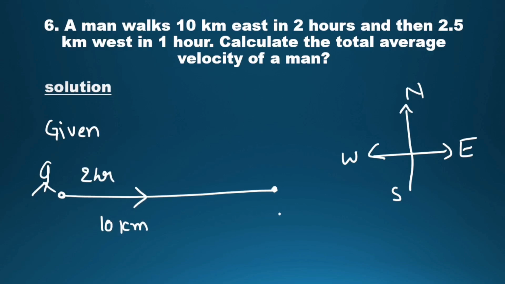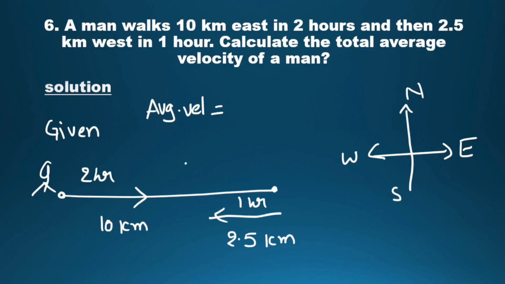Right? Again, he walks towards the west, covers 2.5 kilometers in 1 hour. Now, what is the average velocity? Average velocity equals, what is the total distance here? 10 plus 2.5, but here he reverses his direction. That means 10 minus 2.5 by what is the total time? 2 plus 1.